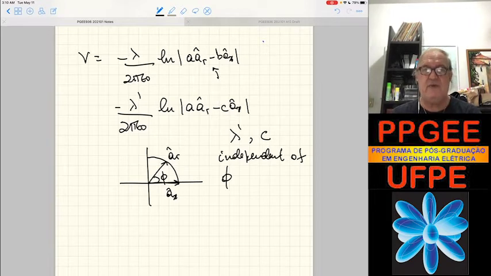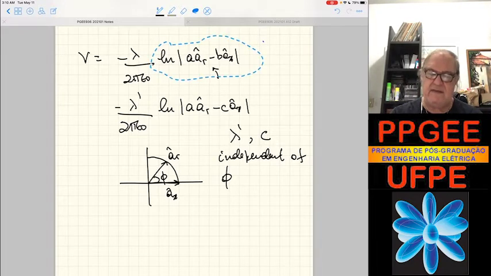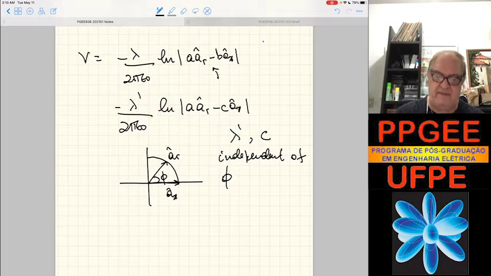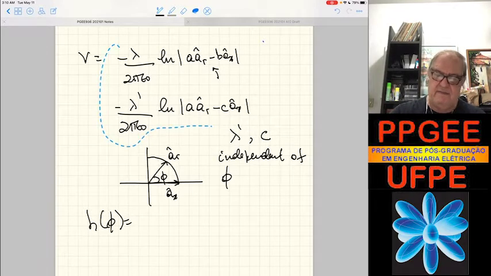Okay, so how do we do that? Well, you see that's complicated because we have the logarithm here, right? So what we do is to impose that the derivative of this function, let's call this fictitious function h of phi, equals to this.